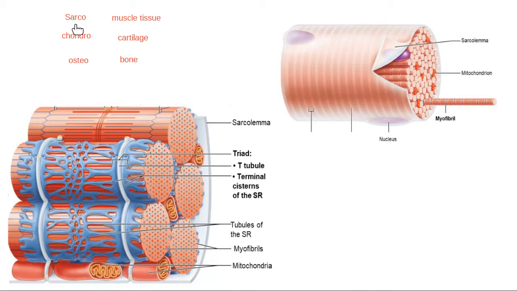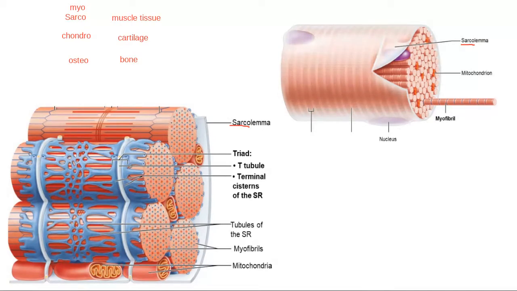The other beginning part that also means muscle, I'll add this to my list, is myo. If you see something that starts with myo, or something that starts with sarco, both of those mean muscle tissue. So we're looking here at the sarcolemma, and here it is on this image as well, the sarcolemma.